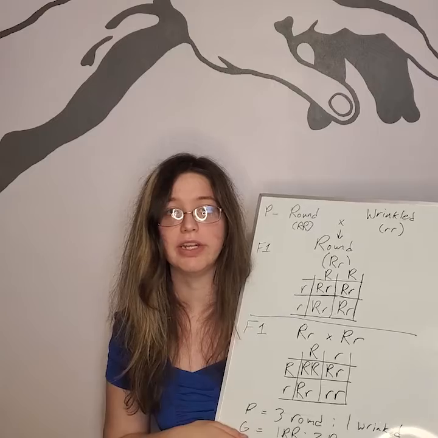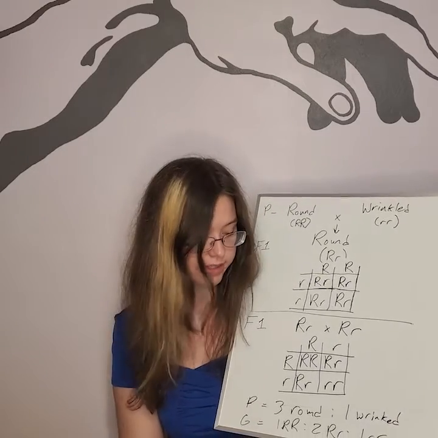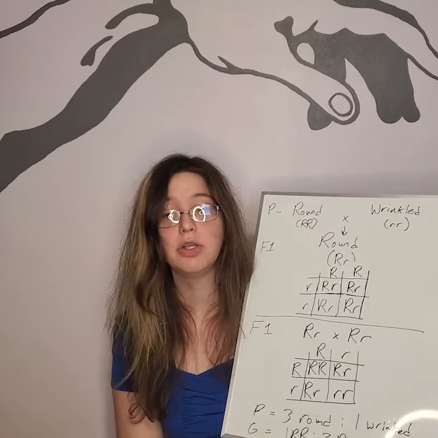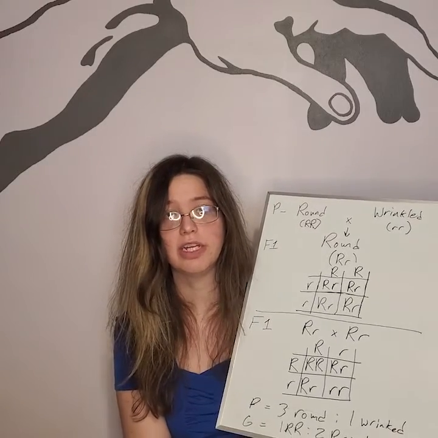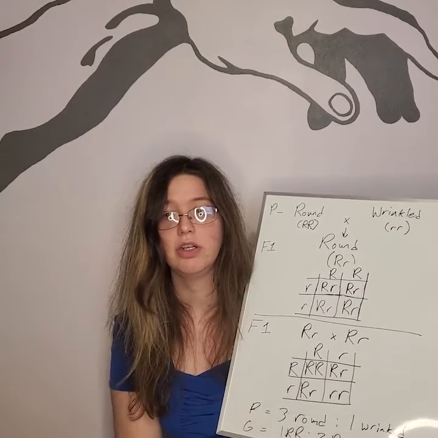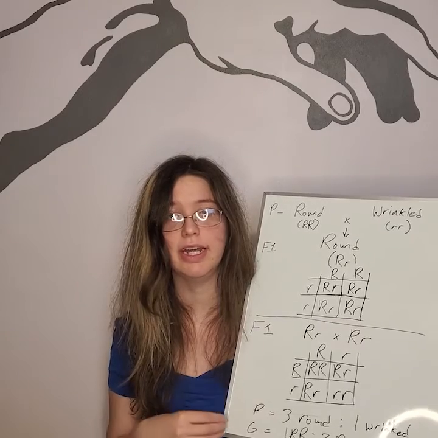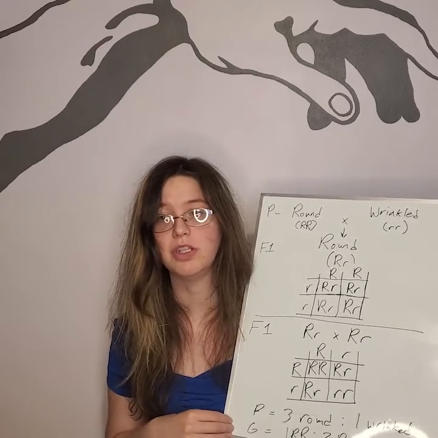So homozygous dominant, 2 dominant alleles, heterozygous, 1 that's each, and then homozygous recessive, 2 copies of the recessive allele. So we get this 3-to-1 proportion for phenotypes and a 1 to 2 to 1 proportion for genotypes.